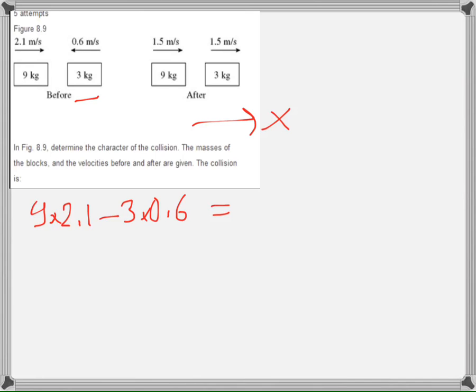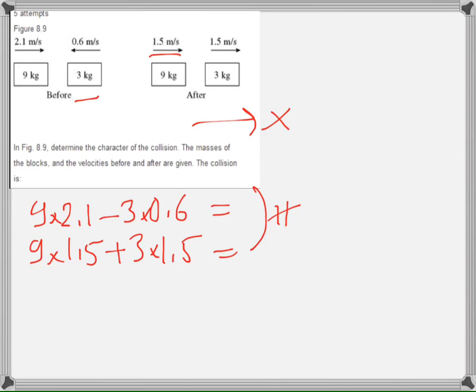And you will calculate what this is, and also you will calculate 9 times 1.5 plus, this time plus, 3 times 1.5. You will see that these are not equal to each other. So the momentum is not conserved.